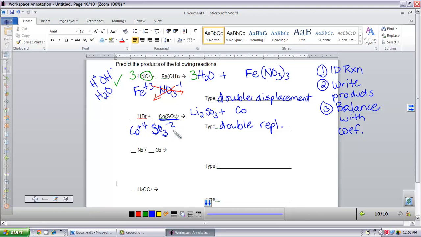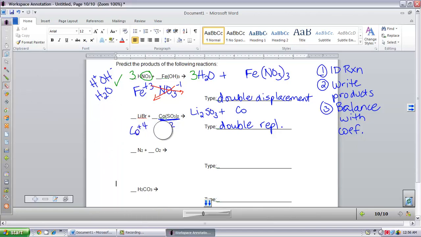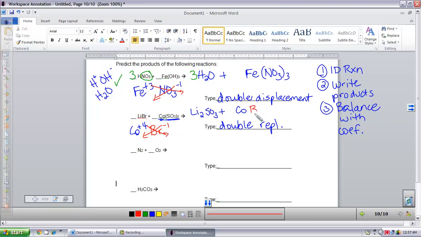It was just simplified whenever they wrote it. So now I'm going to replace my anion with bromine, and bromine has a -1, because that's its new partner.